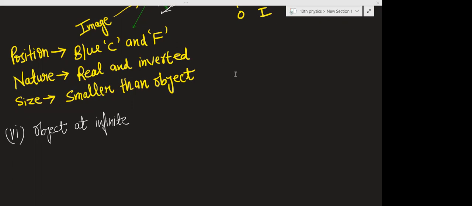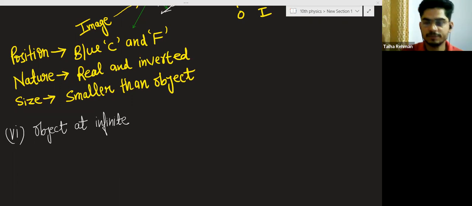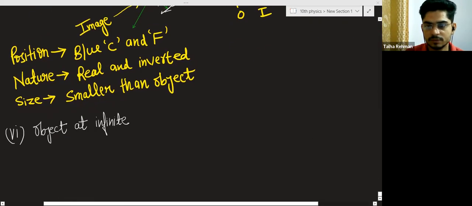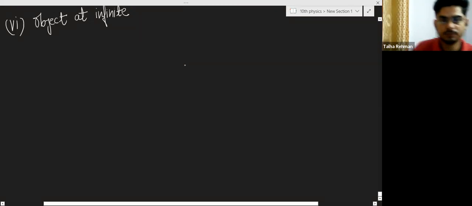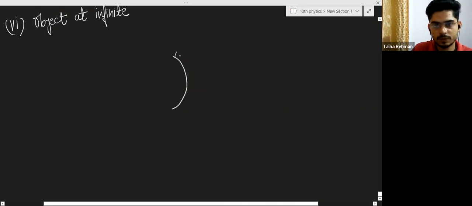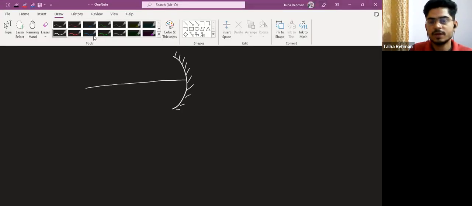Okay, so when the object is at infinity, this is the concave mirror, and this is the principal axis, and this time the object is at infinity.